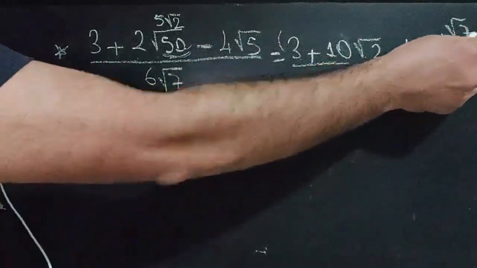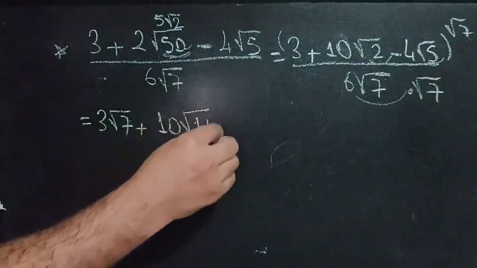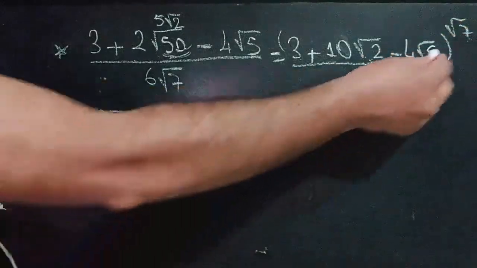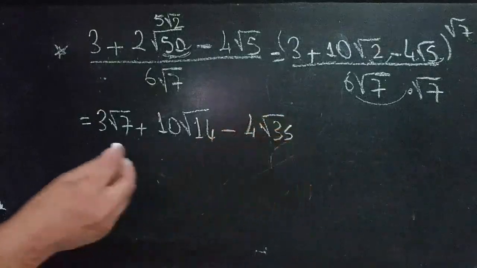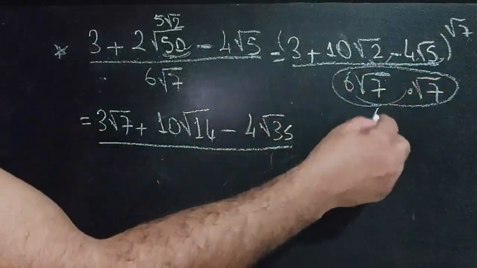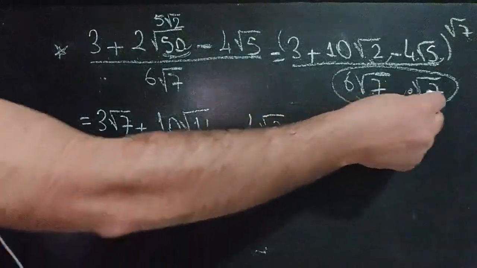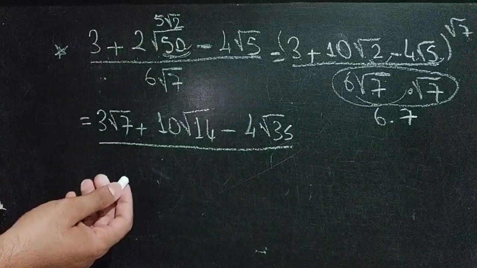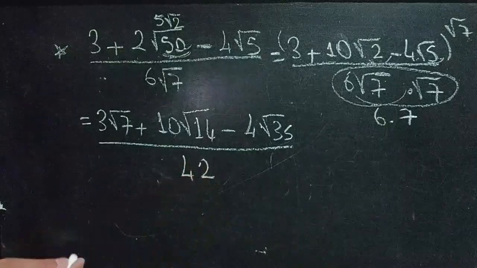You multiply this inside by inside, that will be 10 square root 14 minus 4 square root 5 times square root 7, 5 times 7, which is going to be 4 square root 35 over, from there you will get 6 times 7, because square root 7 times square root 7 is going to be square root 49. As I said, that 49 will come out as 7, which is going to be 42.